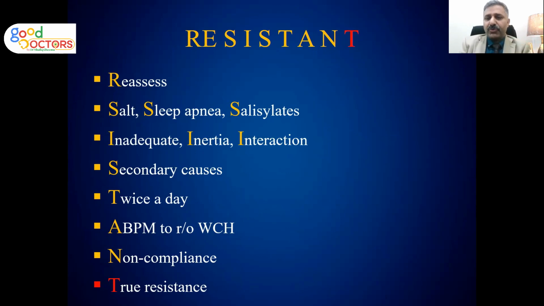So that would be a 4th line drug. After that come beta blockers and alpha blockers and minoxidil and other medications and direct acting vasodilators. There are different other ways to deal with true resistant hypertension, but that's beyond the scope of this lecture.